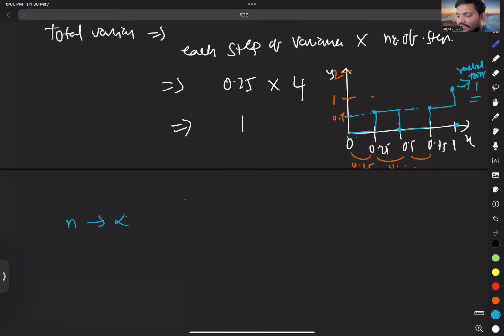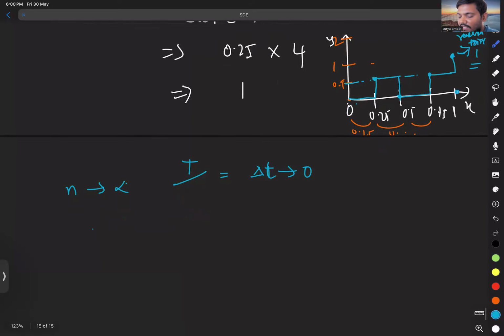So when we divide the interval t by a large number, our delta t approaches 0. What it means is that the discrete random walk becomes a continuous path. The sum of all these tiny steps becomes a Brownian motion.